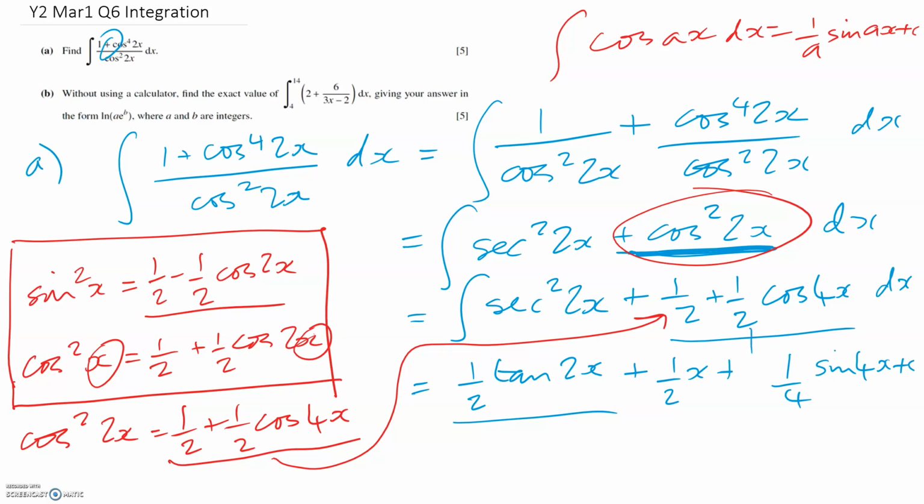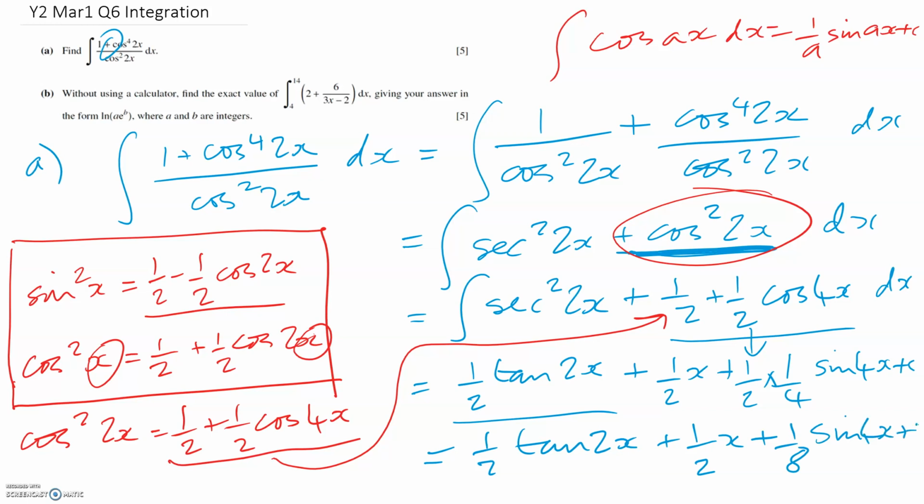But don't forget, we've still got this half here, so we need to stick that back in. And so the final answer to this question is half tan 2x plus half x plus 1/8 of sine 4x plus c.